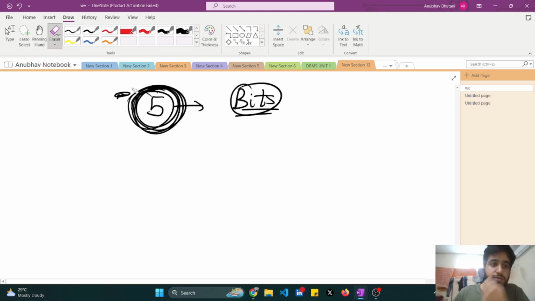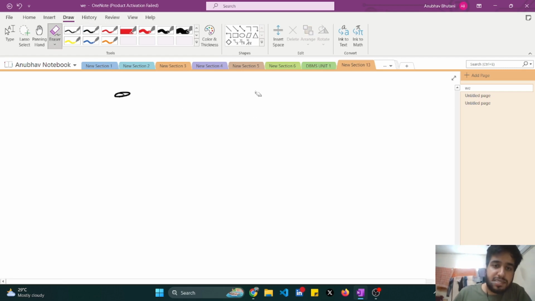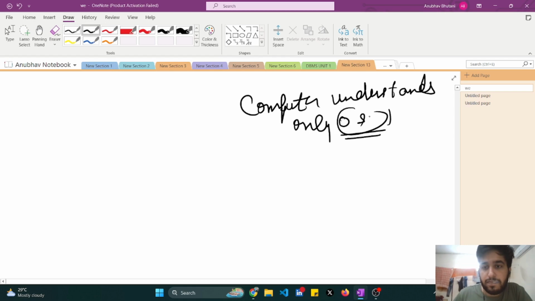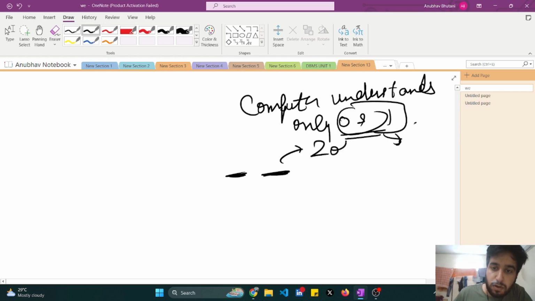As you know, the computer understands only 0 and 1. So for every place, there are only two options, that is 0 or 1.